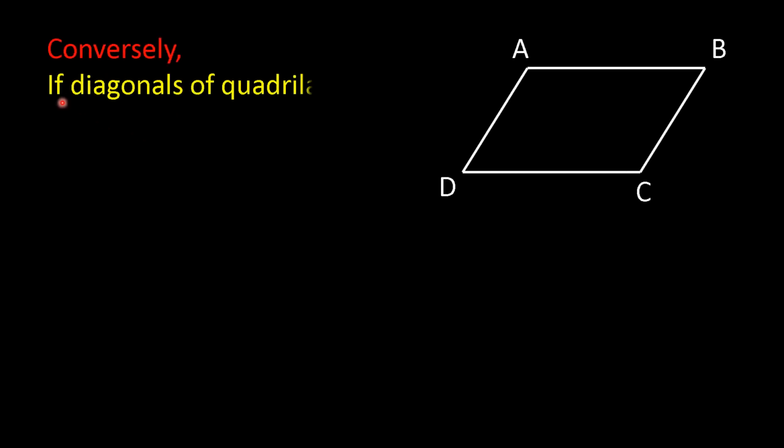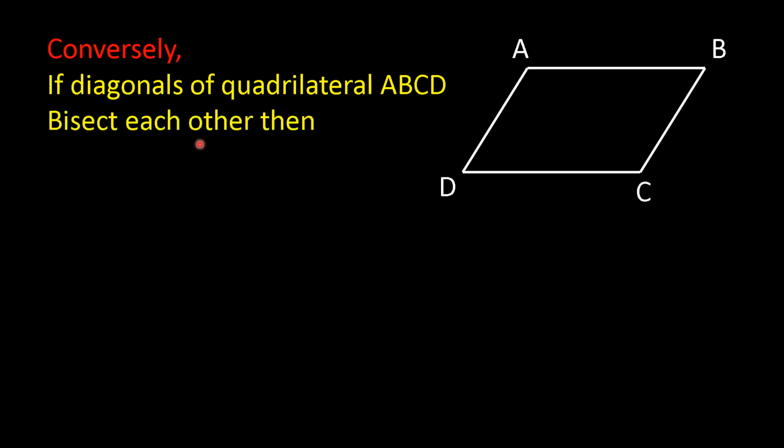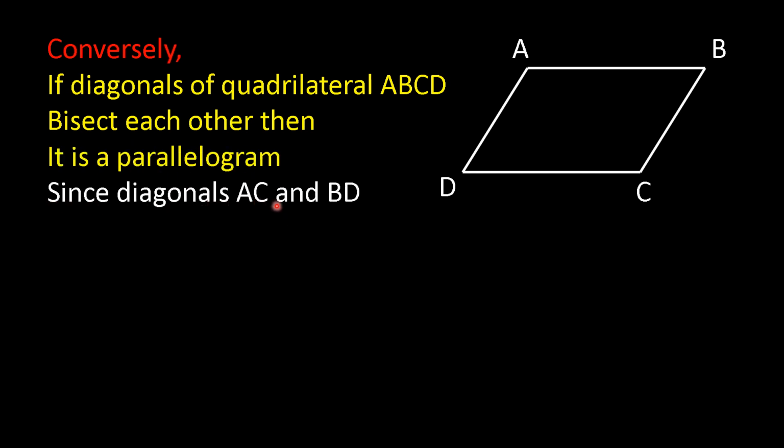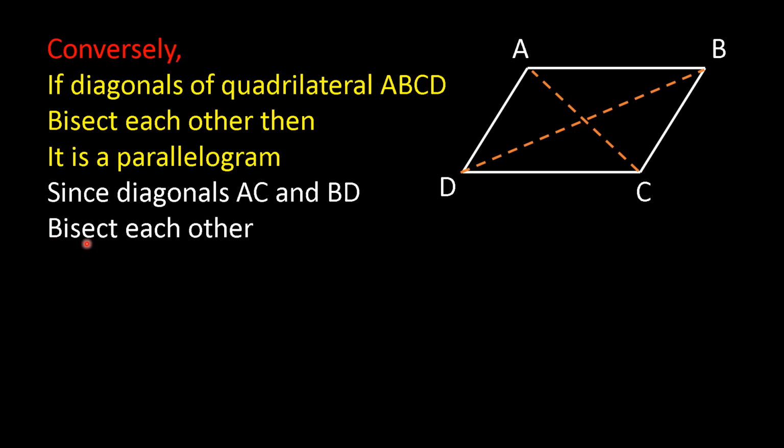We can prove its converse also, which says that if diagonals of a quadrilateral ABCD bisect each other, then it is a parallelogram. Since diagonals AC and BD bisect each other, therefore we can write (B bar plus D bar) by 2 equals (C bar plus A bar) by 2, which will be B bar plus D bar equals C bar plus A bar.